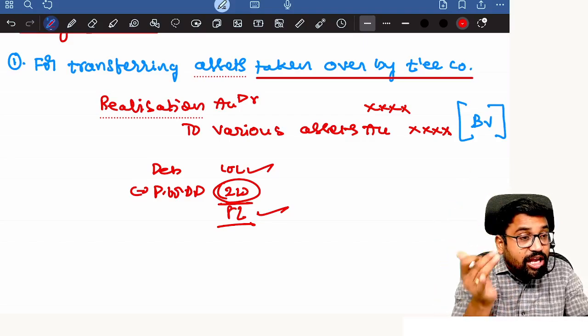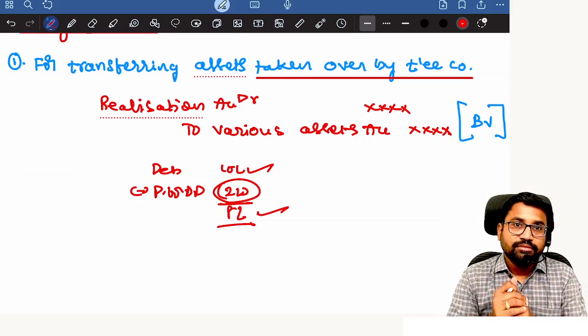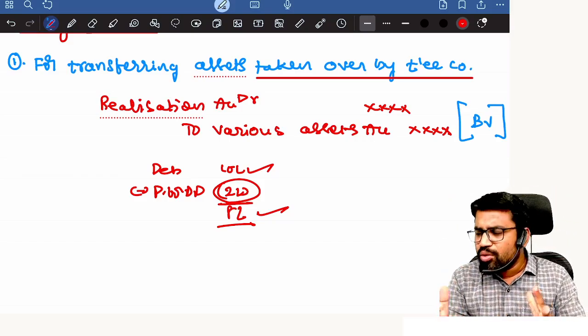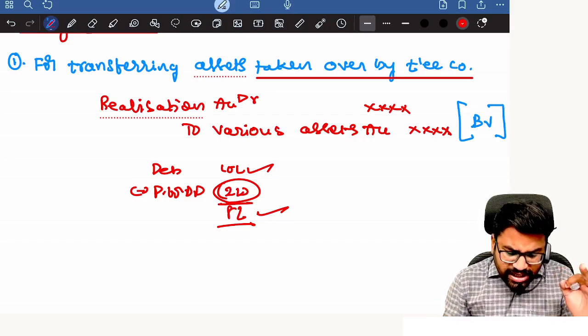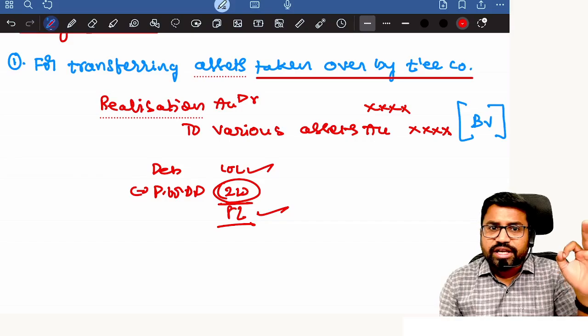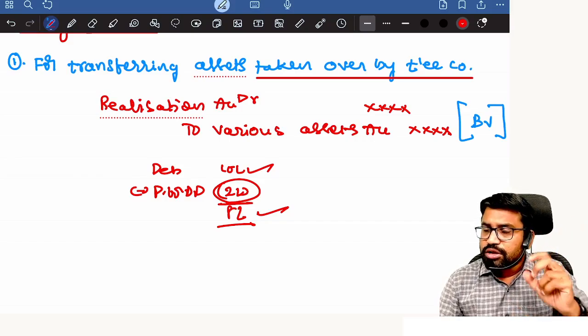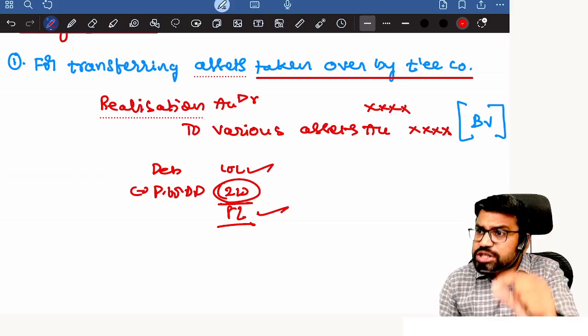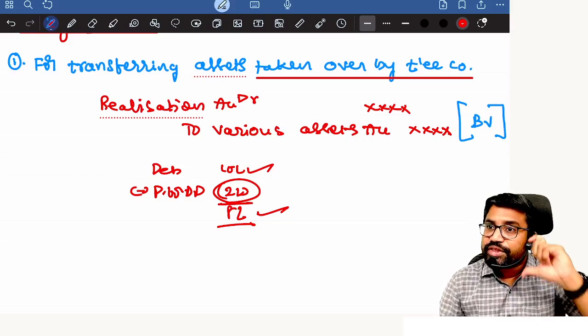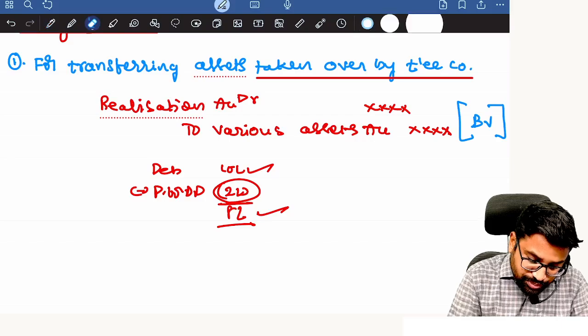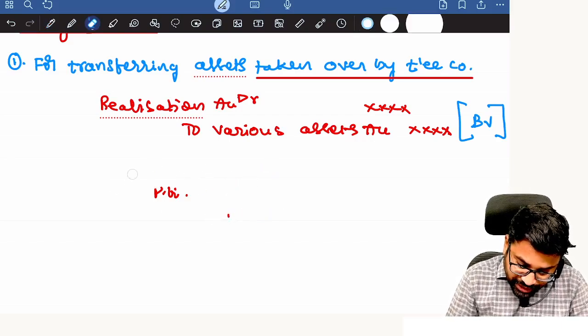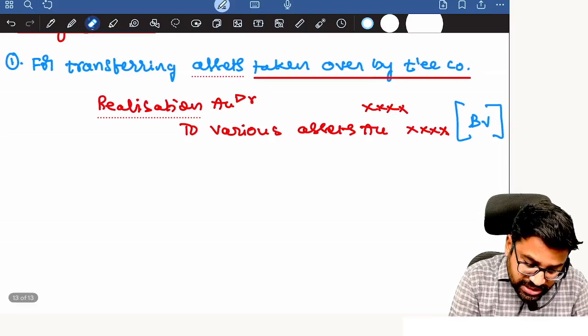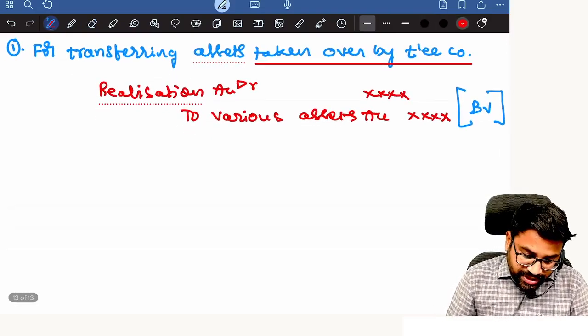Provision will be transferred along with the liabilities. So that point also please remember, one of the important points here. That's it. So for transferring assets taken over by transferee company.